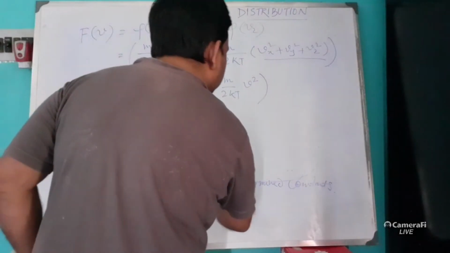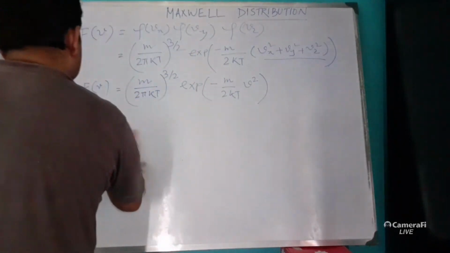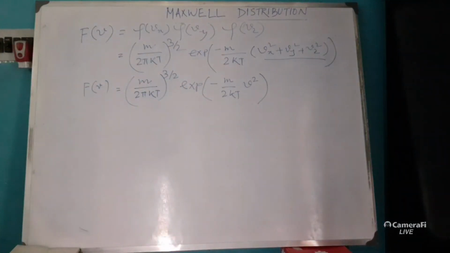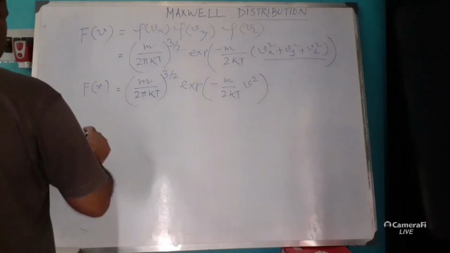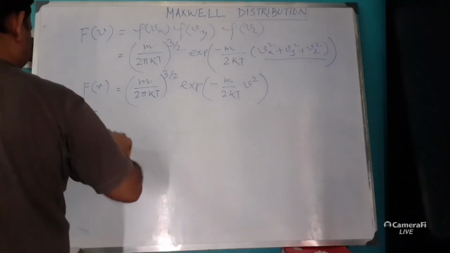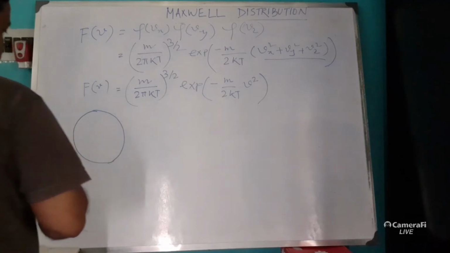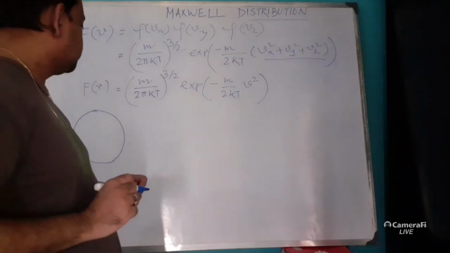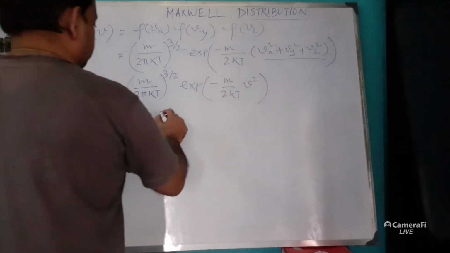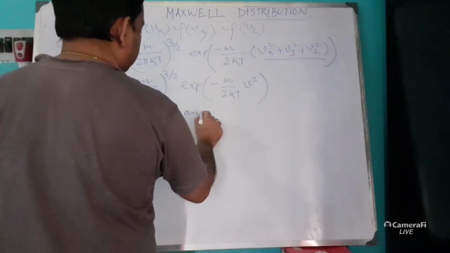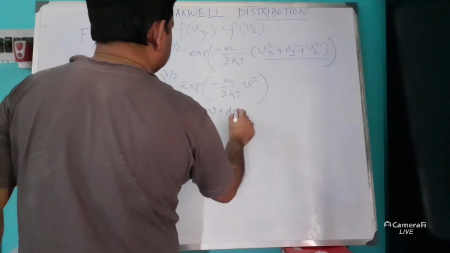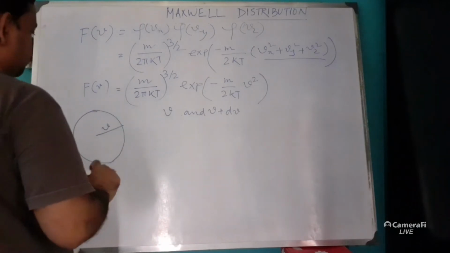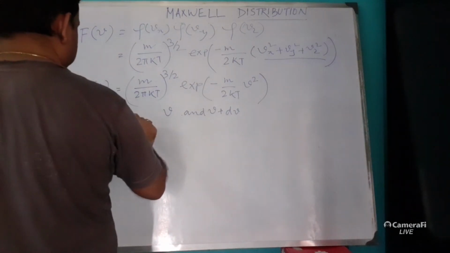Now if we want to find the number of particles within the velocity range v and v plus dv, suppose this is the v radius and this is dv.